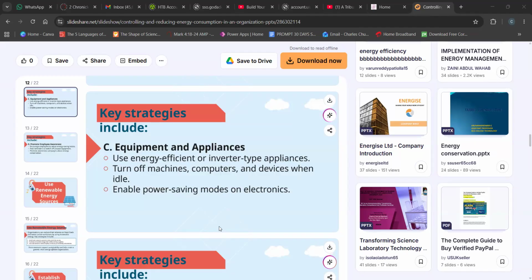I'm sure you are aware that electronic devices like your tablets and computers have power saving mode, right? Yeah. Okay. So that's all a part of promoting energy efficiency.